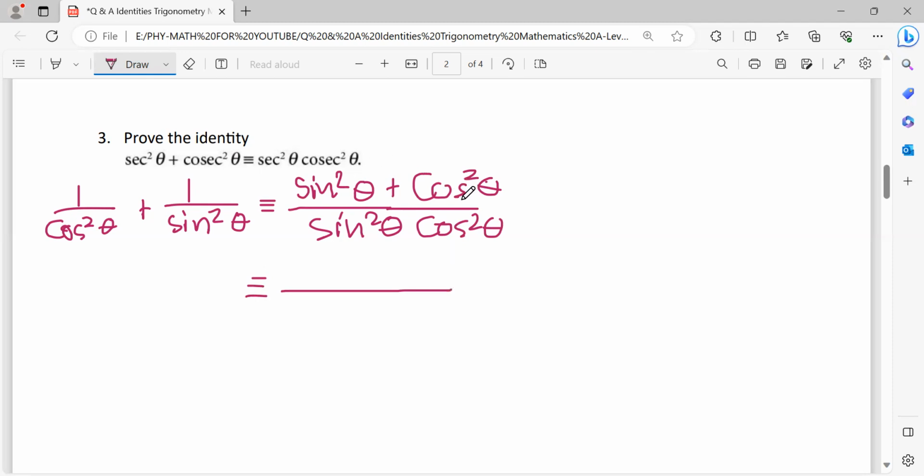Sine theta squared plus cos theta squared equals 1. Okay, 1.